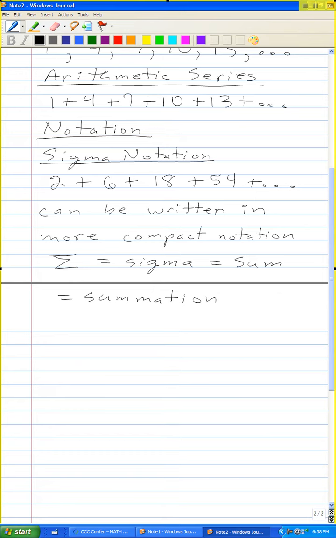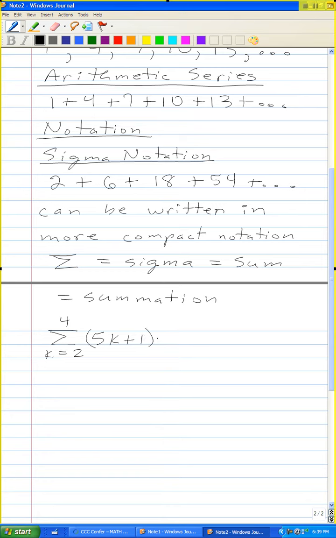It's the capital sigma in the Greek alphabet. And so suppose I write k equal 2 to 4 of 5k plus 1.